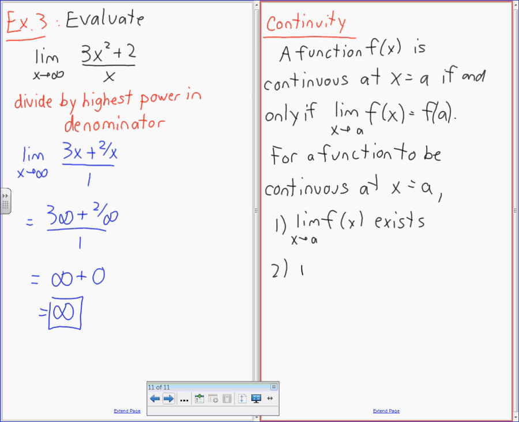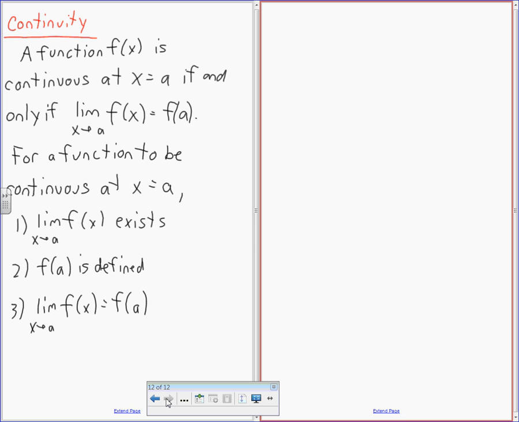Number 2, f of a is defined. Number 3, the limit as x approaches a of f of x is equal to f of a. You're probably saying, what the heck does all that stuff mean? I'm going to show you with pictures for the rest of today's class.